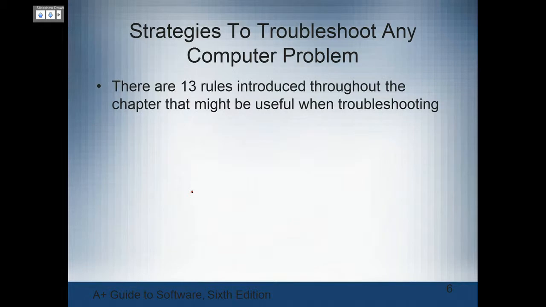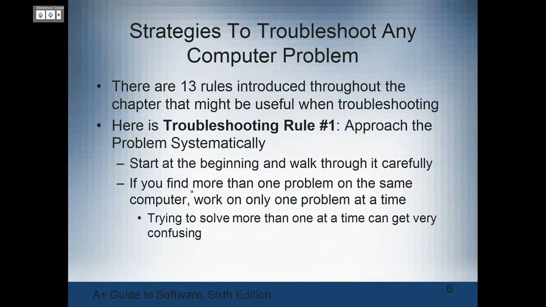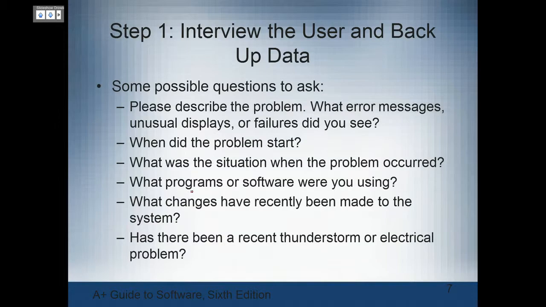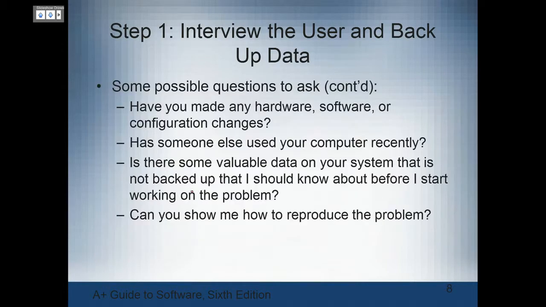13 rules introduced in the chapter that might be useful when troubleshooting. And these are the ones, this is how we're going to make this lecture short. Approach the problem systematically. You can read all of the amplifying information. Interview the user, back up the data. Those are the ones that we already talked about.